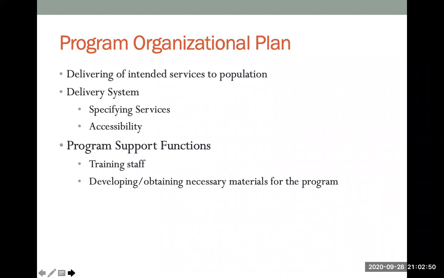The next feature around a program organizational plan is, how will we make sure that the program is being delivered as intended, that we've actually trained staff fully in the program? If there's a curriculum that goes with the program, how will we make sure that the staff has been trained in the curriculum? But further, if we're relying on a curriculum, how will we make sure that the program has the curriculum before we begin the program?